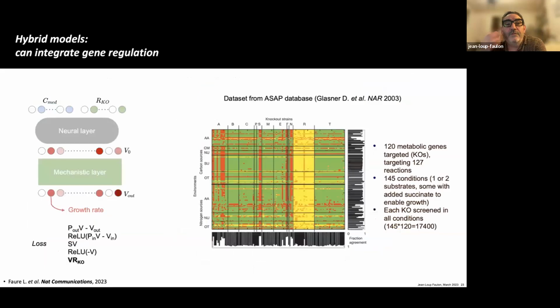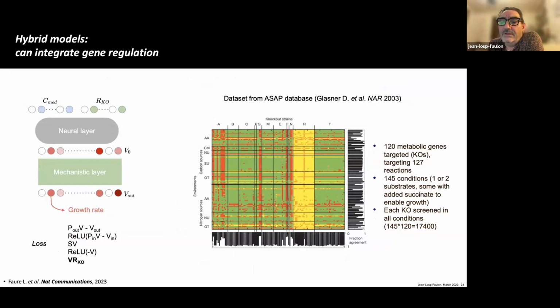We can even go further and train these systems not only on media composition, but also on gene knockout. And so there's a quite nice data set that has been built around the Biolog plate. And these Biolog plates have different media composition in each of the wells.